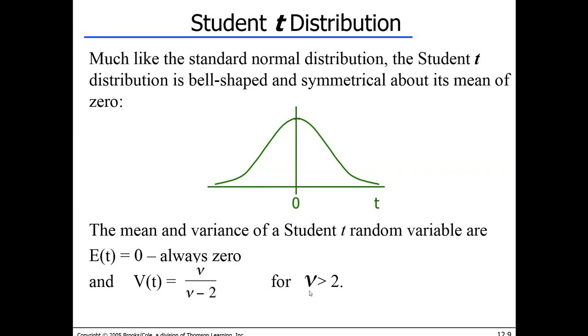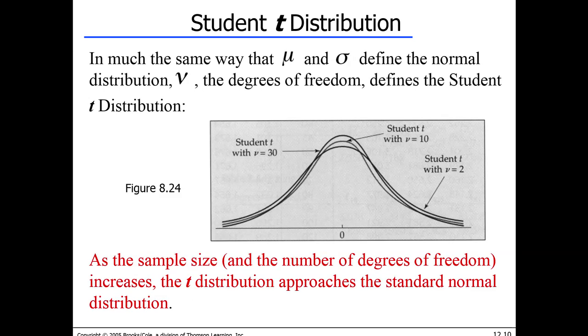As we keep taking bigger and bigger samples, the variance for my student distribution is getting closer and closer to 1, and the same is true about the standard deviation. The bigger the sample, the closer the standard deviation to 1. So in other words, as I take bigger and bigger samples, my t-distribution will approach the standard normal, closer and closer.